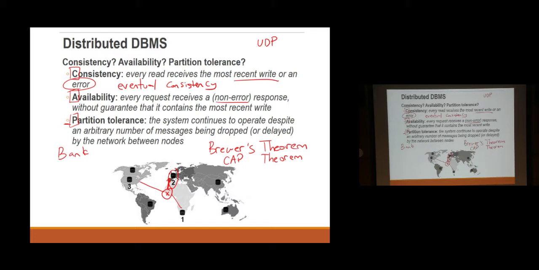A wants to send $1,000 to B. At the same time, B wants to send $1,000 to A. If you are just saying that there's an eventual consistency, you may arrive at an intermediate state in which A actually has $1,000 more than what it's supposed to have.